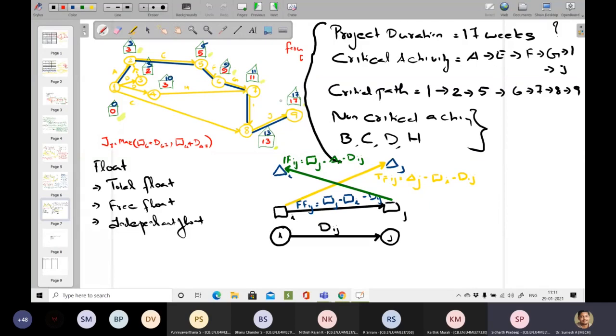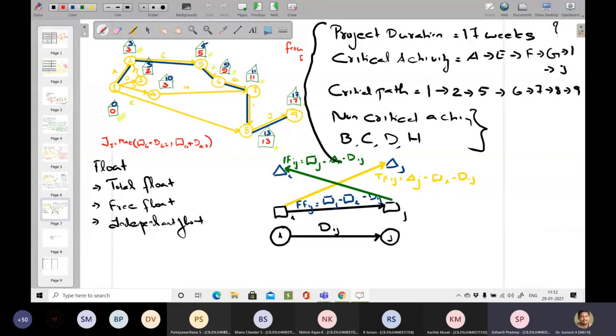And for a non-critical activity, you will have the option to plan the activity in such a way that you can start early and finish early. That information you can obtain from the free float value.